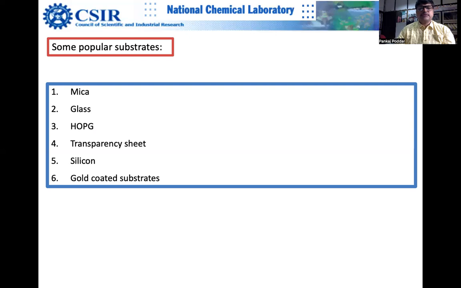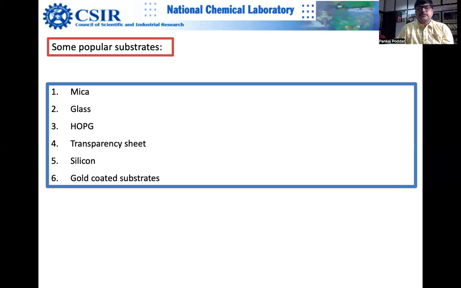But the advantage is that it's quite functional. In aqueous medium, it loses its cations, and that leaves mica with a lot of negative charge and also a lot of functionality, and it is hydrophilic.